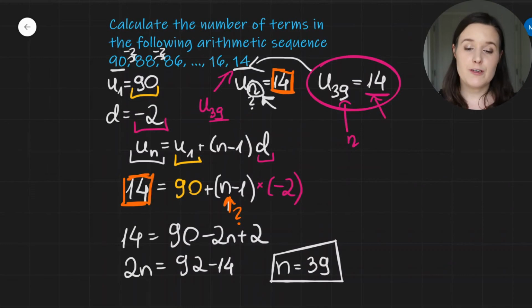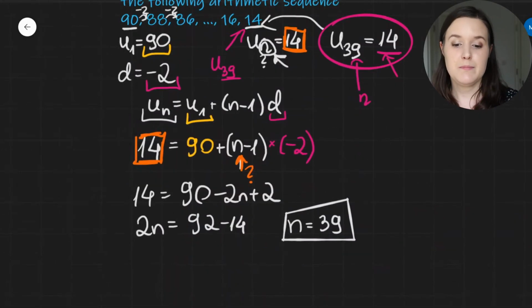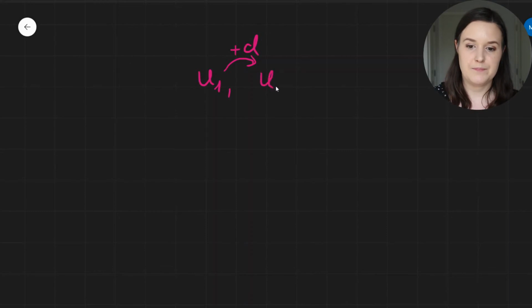What is important in this lesson is to remember, to learn by heart, how the arithmetic sequence works. In an arithmetic sequence, the important thing is that we jump around by adding d. To get to the second term, I add 1d. To get to the third term, I add 2d.